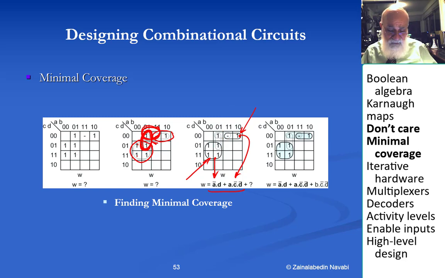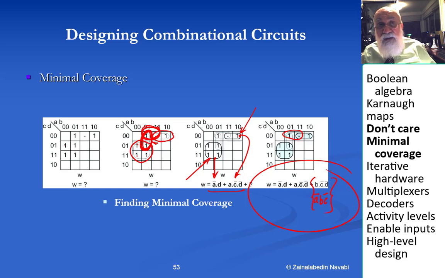And therefore you are seeing that my function is a bar d, a c bar d bar, and then I have b c bar d bar means this one. Or I could do a bar b c bar. Okay, either one would cover this function.